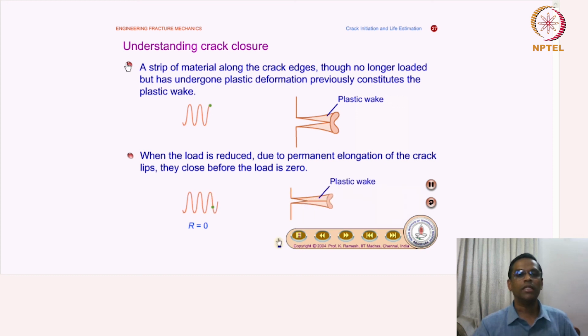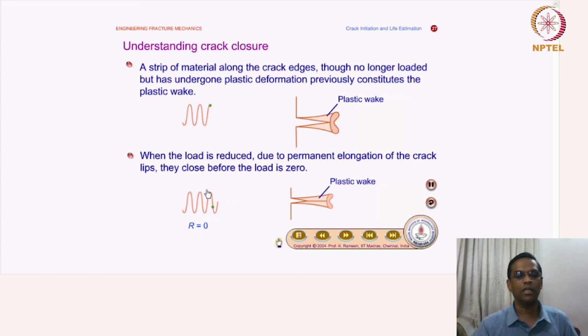We can consider this as a strip of material along the crack edges, which is no longer loaded but has undergone plastic deformation. Previously, it constitutes the plastic wake. When the load is reduced, due to the permanent elongation of the crack lips, they close before the load is zero.